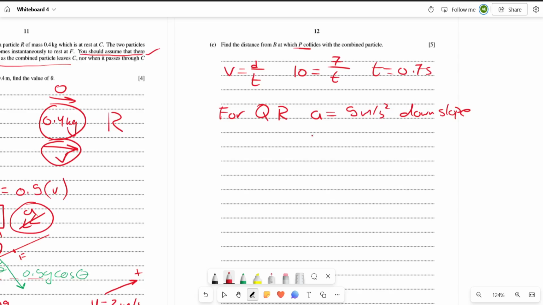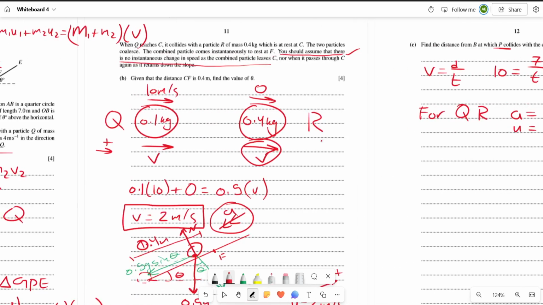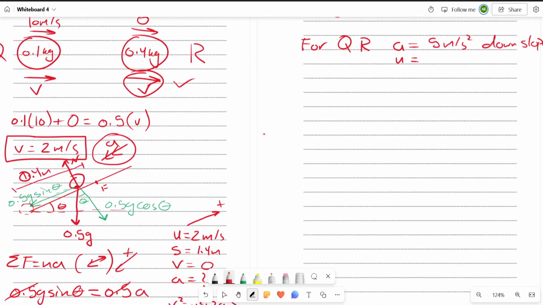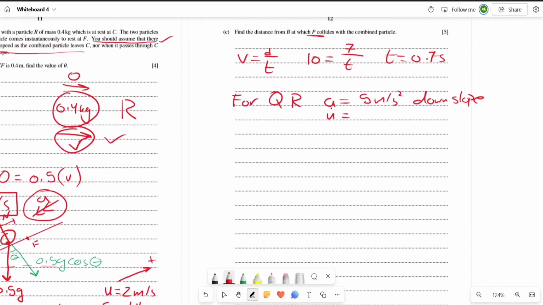And I know their initial velocity, remember the initial velocity after the collision, which was V, which we calculated as 2 meters per second. So their initial velocity is 2 meters per second. So here let's use kinematics. Let's actually use up the slope as positive.